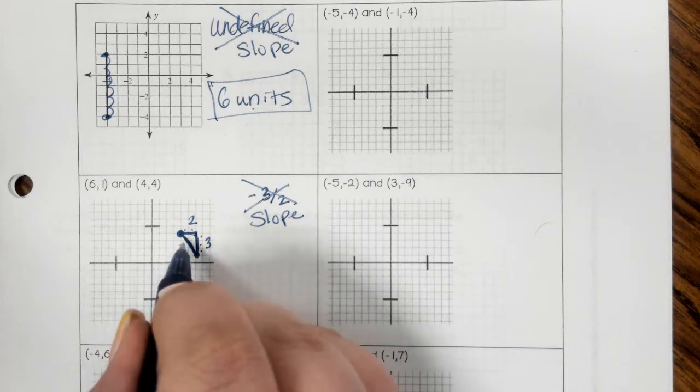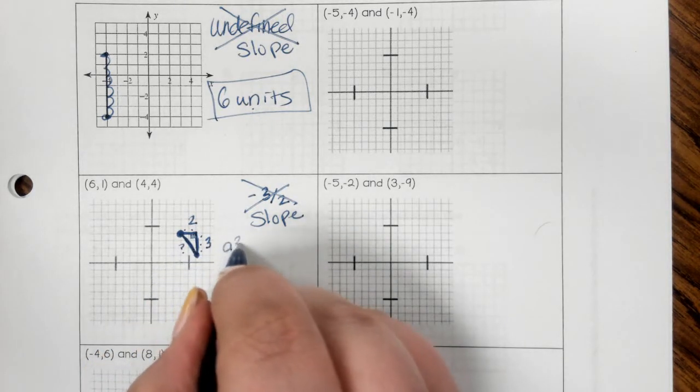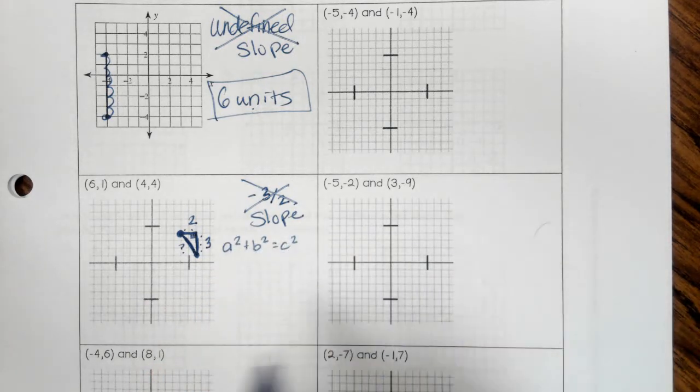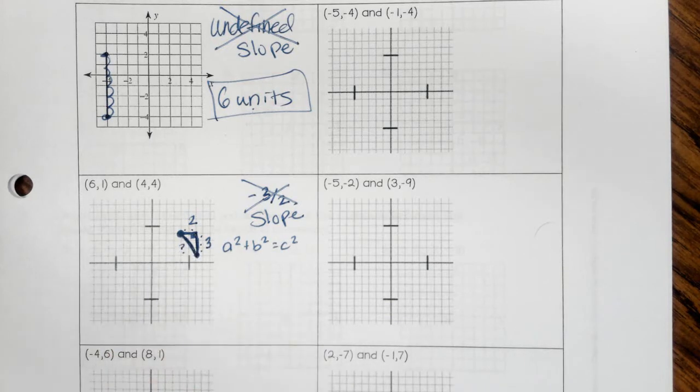So to find the distance here, I've got a right triangle. We're going to use a squared plus b squared equals c squared. We're using Pythagorean Theorem because I've got a right triangle with a missing side length.